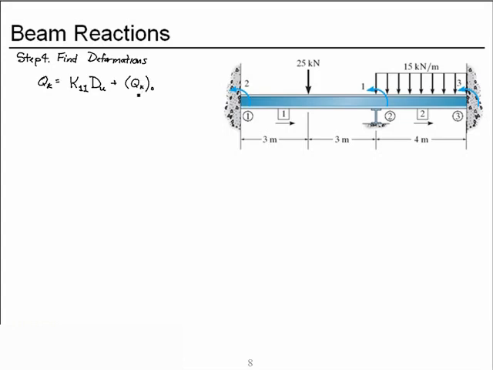Well, there's only one unconstrained degree of freedom for this structure, and that's degree of freedom 1. The applied couple moment at degree of freedom 1 is 0.